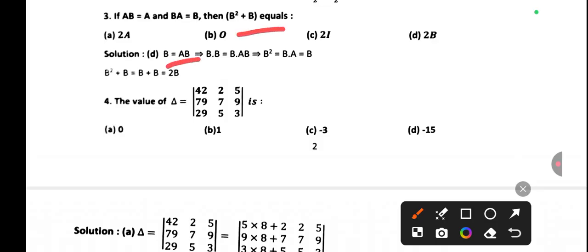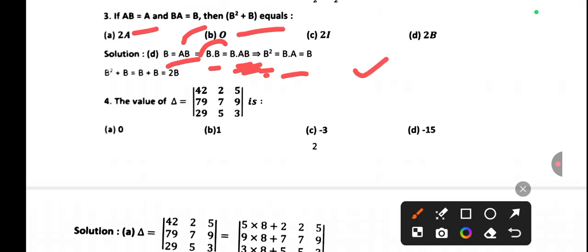Since B is equal to BA, we just multiply B on both sides. You will get B into B, B square, and the AB they gave as A. So you will get B square equals BA. BA value is B. So B square equals B we are getting.